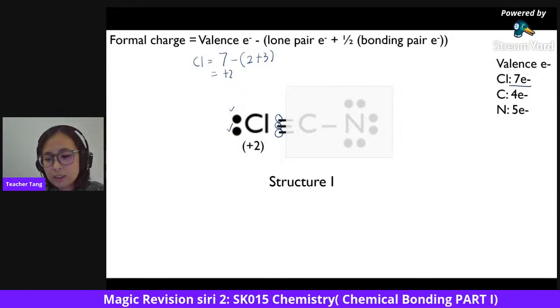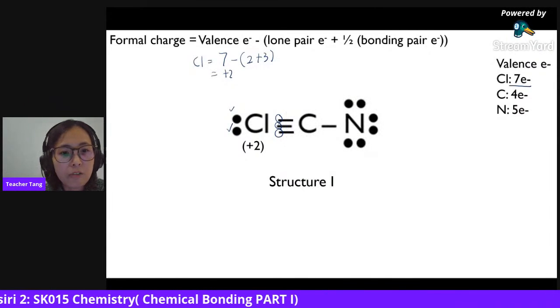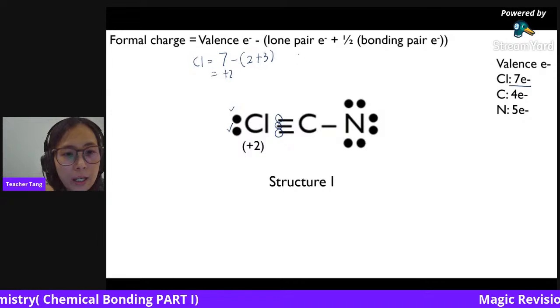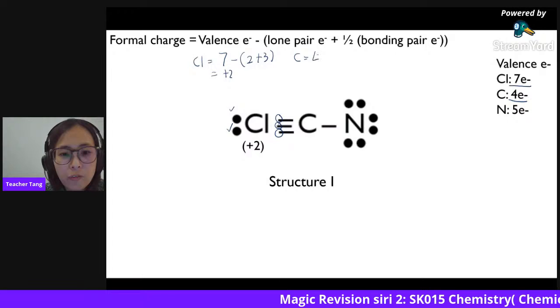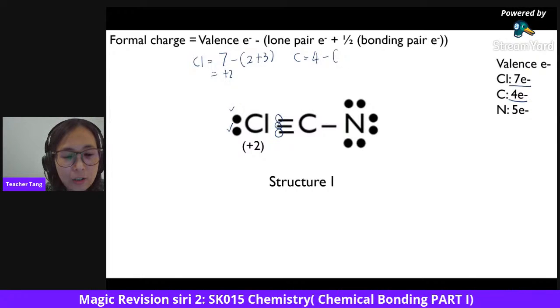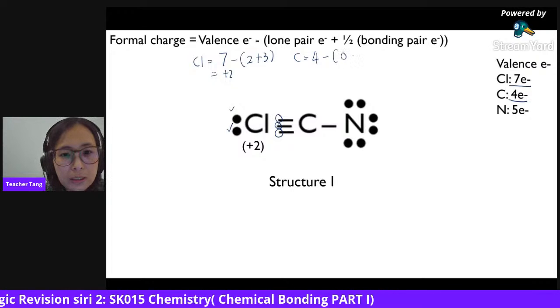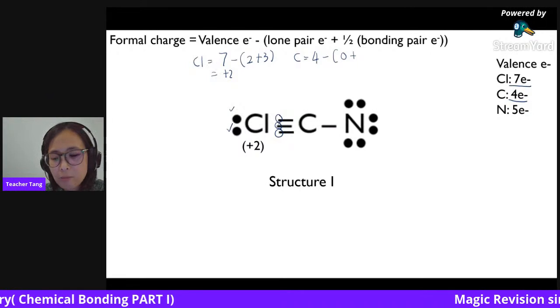Okay, do the same thing for carbon. How do we calculate the formal charge for carbon? Also the same thing: carbon's valence electron is 4, so 4 minus lone pair electrons. There are no lone pair electrons around carbon, so it's 0, plus half the bonding pair electrons.